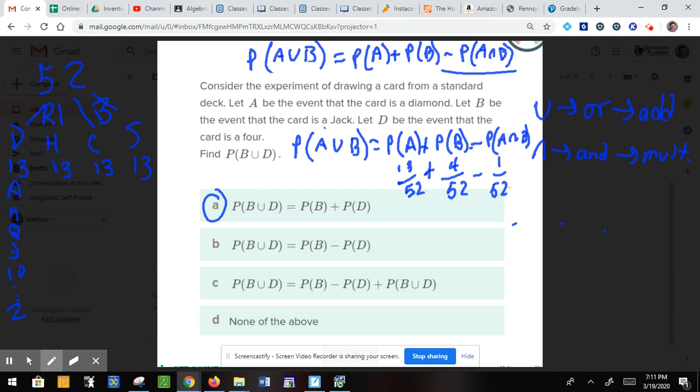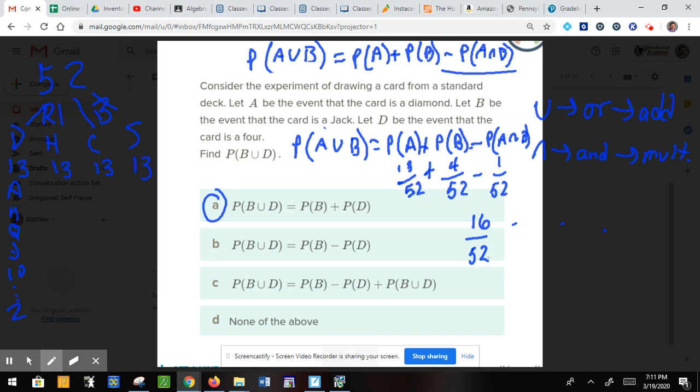Again, this question had nothing to do with numbers. I'm throwing that in there as something you might see moving forward. All right, so 13 plus 4 is 17, minus 1 is 16 out of 52. So that would have been the answer to what's the probability of getting a jack or a diamond.